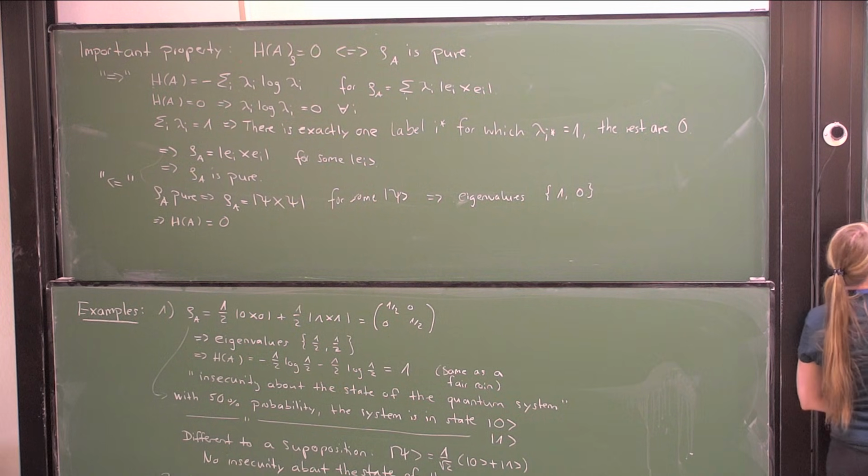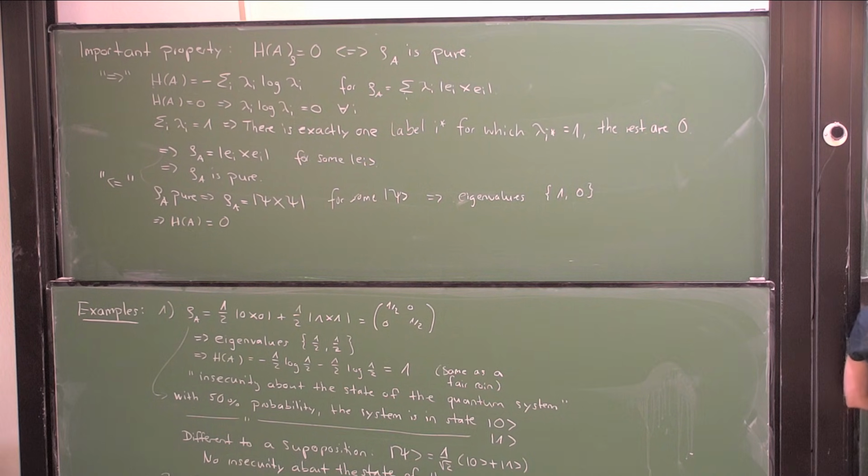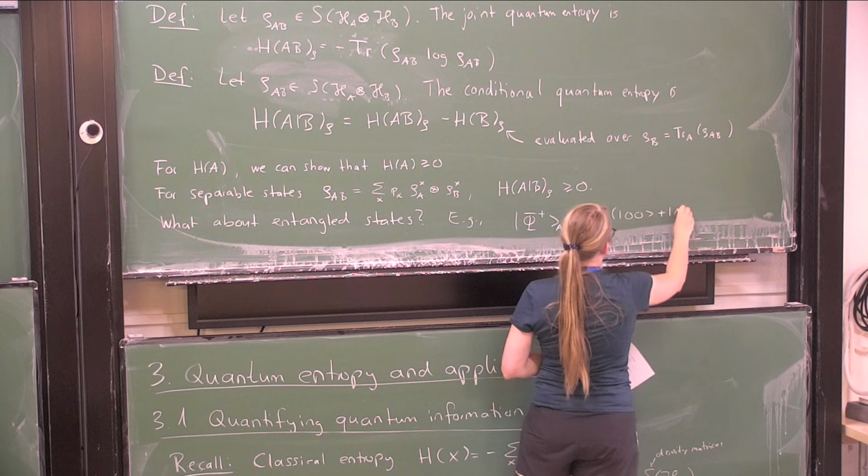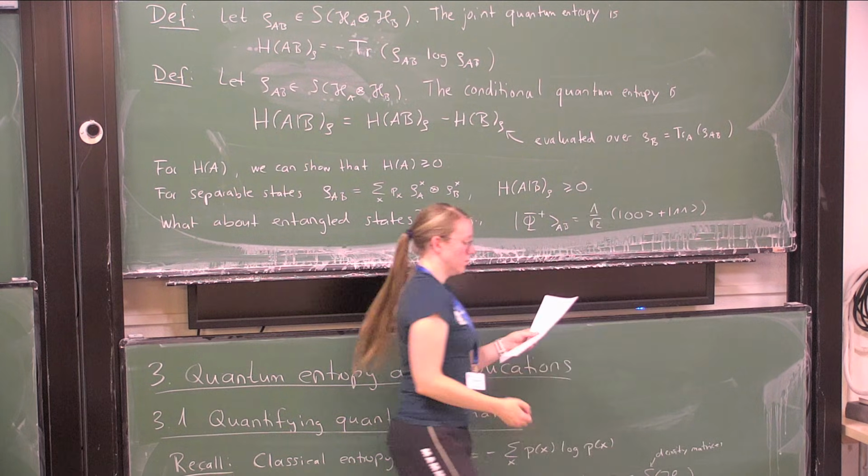So what about entangled states? For example, let's take this state: 0, 0 plus 1, 1.